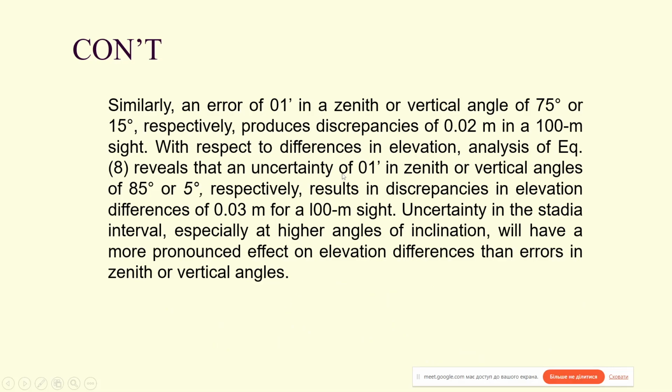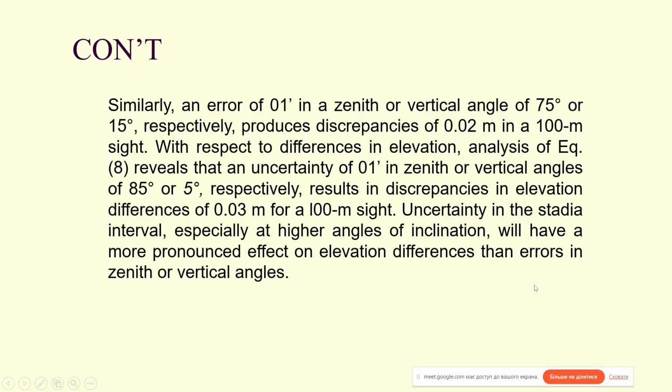Similarly, an error of 1 minute in a zenith or vertical angle of 75 degrees or 15 degrees respectively produces discrepancies of 2 centimeters in a 100-meter side.